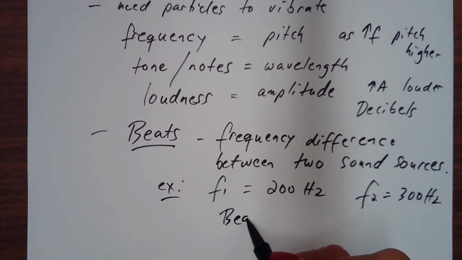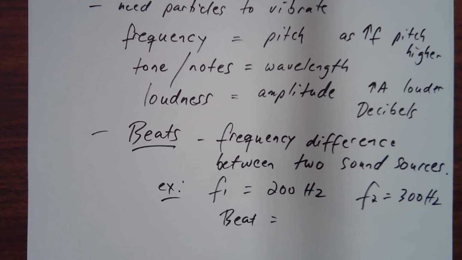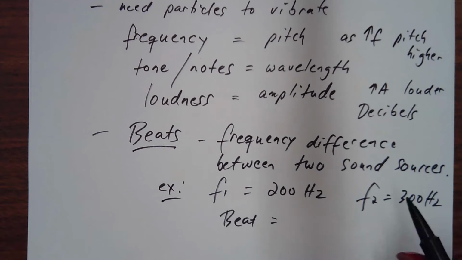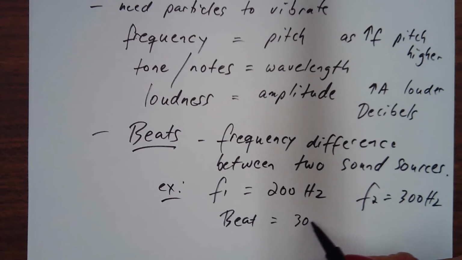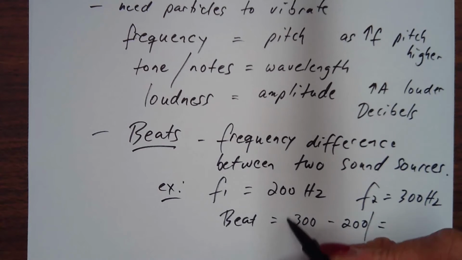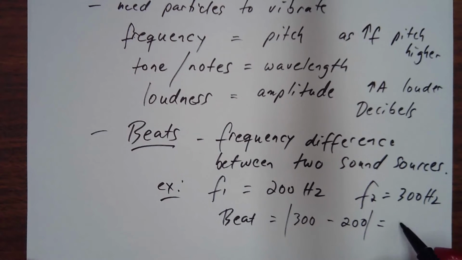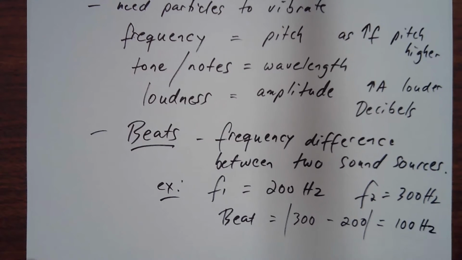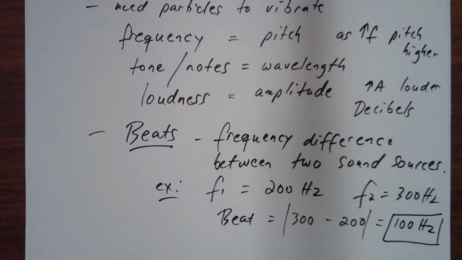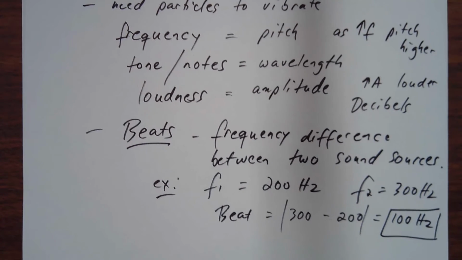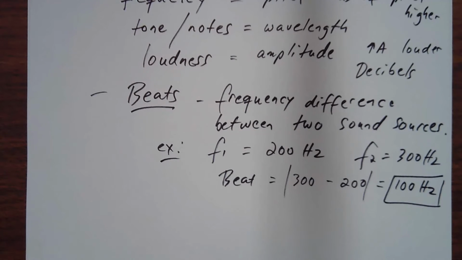The beat will just be the difference between the two: 300 minus 200. This is an absolute value because it doesn't matter which one you put first, right? And you're going to get a 100 hertz frequency. That would be the beat. Okay. So that's pretty simple when it comes to calculating beats.